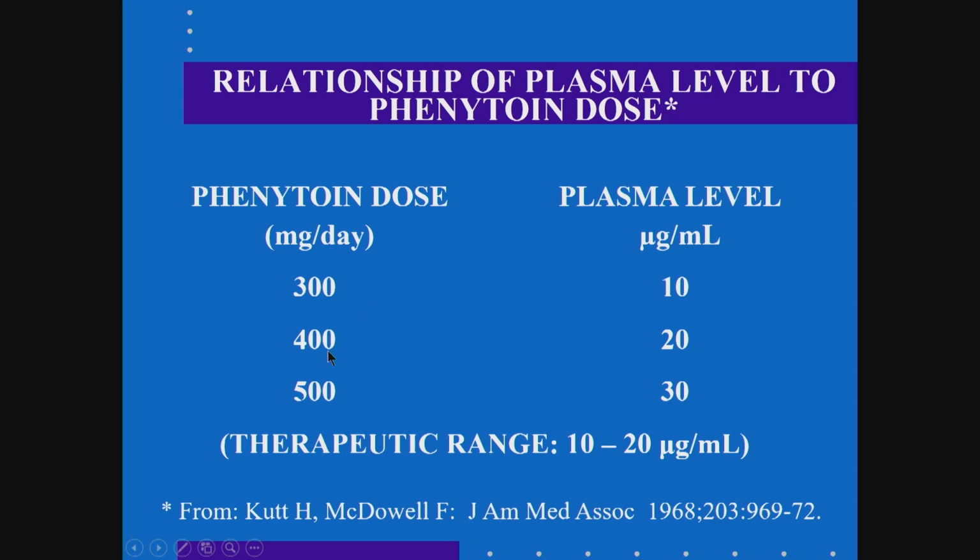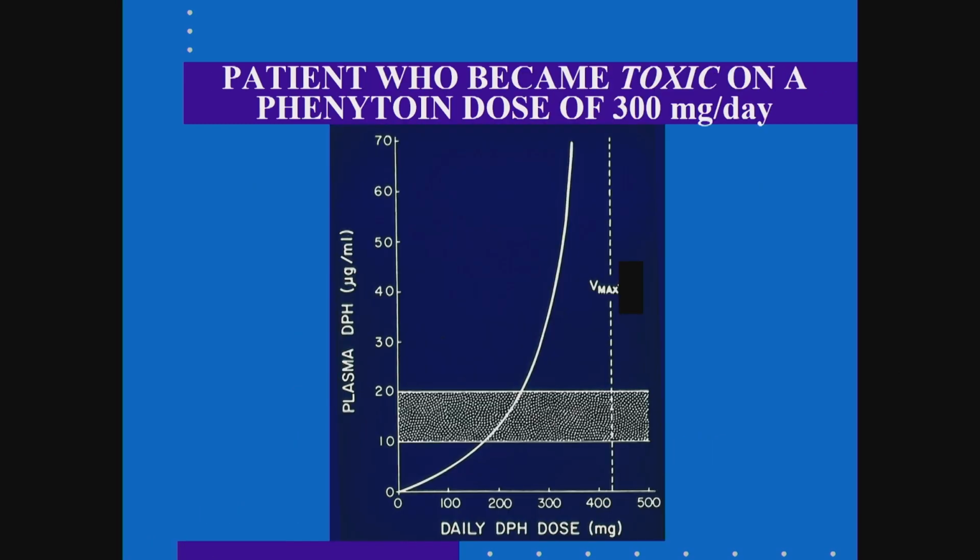We go up to 400 milligrams and the concentration already doubles. We go to 500 milligrams per day, we have tripled the concentration of phenytoin. So we do not have dose proportionality with drugs that follow Michaelis-Menten kinetics of elimination.